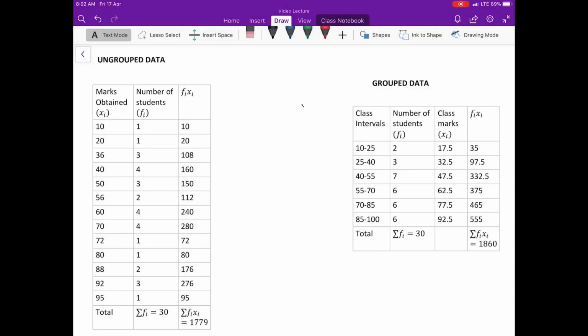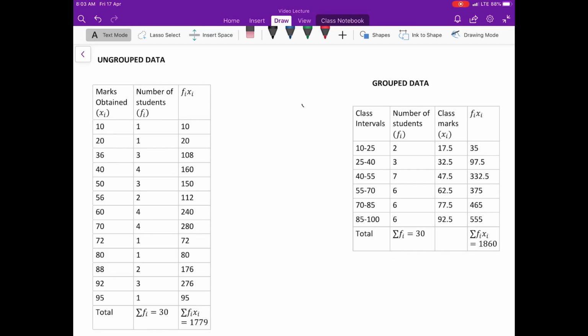Dear students, you are observing two tables on the screen. One is ungrouped data and the same table is converted into the other table, which is called grouped data. To convert ungrouped data into grouped data, we make clusters or groups sequentially.